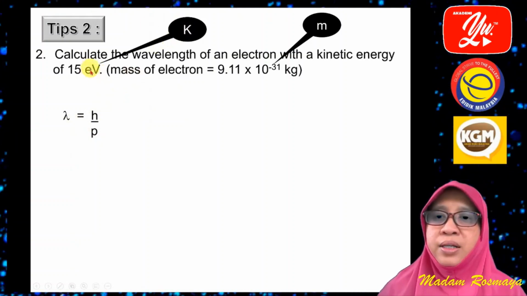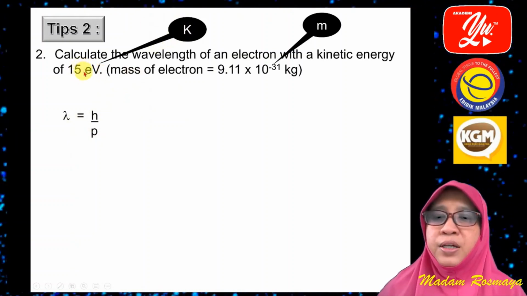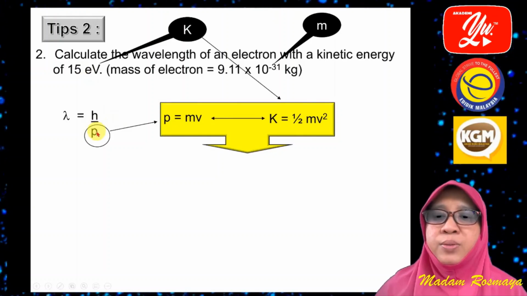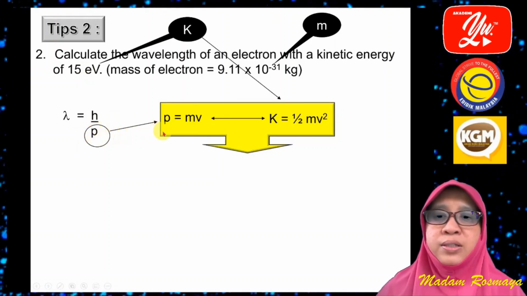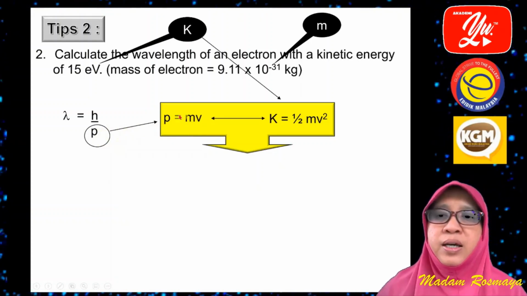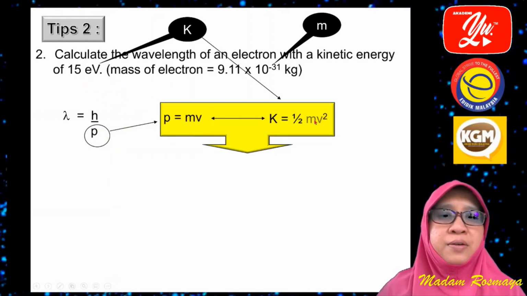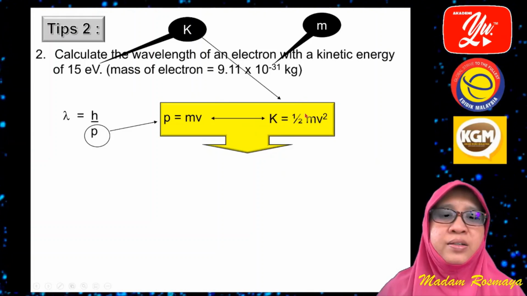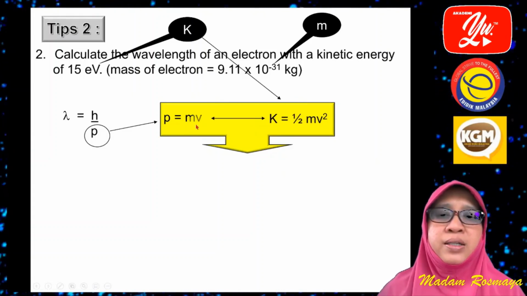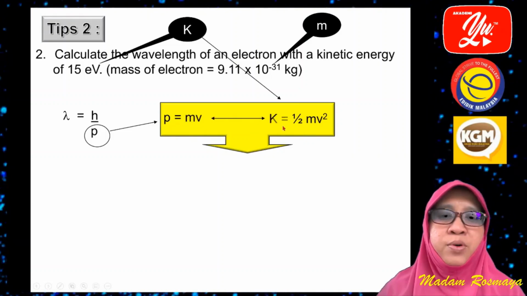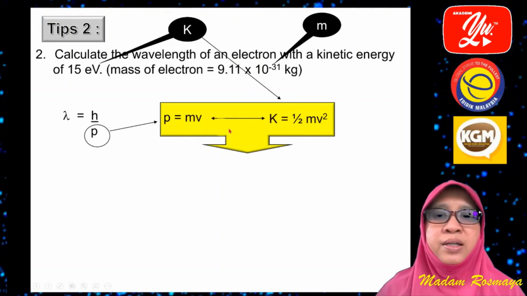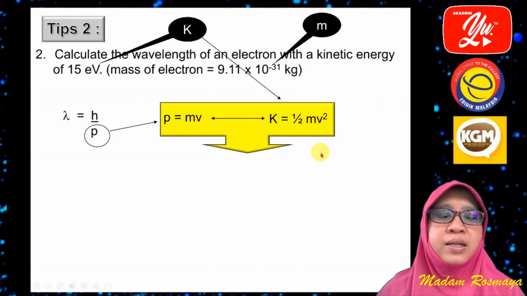We can relate it through the p, the momentum. From the previous question, momentum is mass times velocity, and kinetic energy is half mv squared. This is the general equation for kinetic energy. You can see there's m and v in both, so this is where we can relate momentum with kinetic energy.